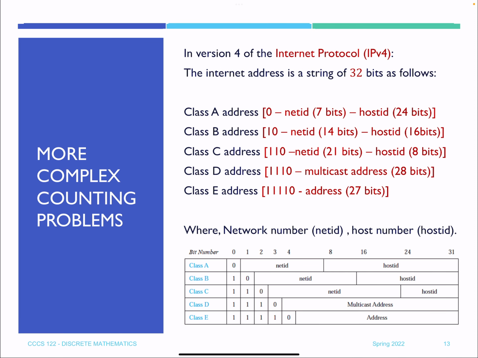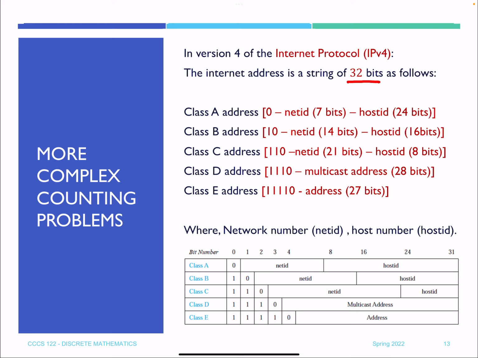Another very practical example is the IPv4 protocol, the IP protocol that we all use on our phones and computers and everything that connects to the internet. An IPv4 address is 32 bits long, and it cannot just be anything. There are some rules to that. So the address space is divided up into different classes.